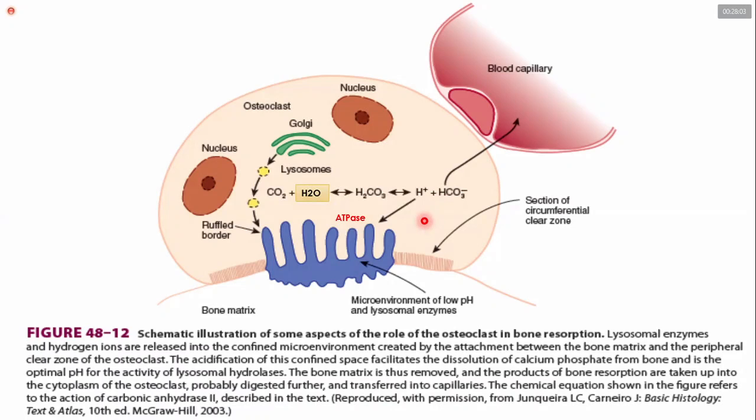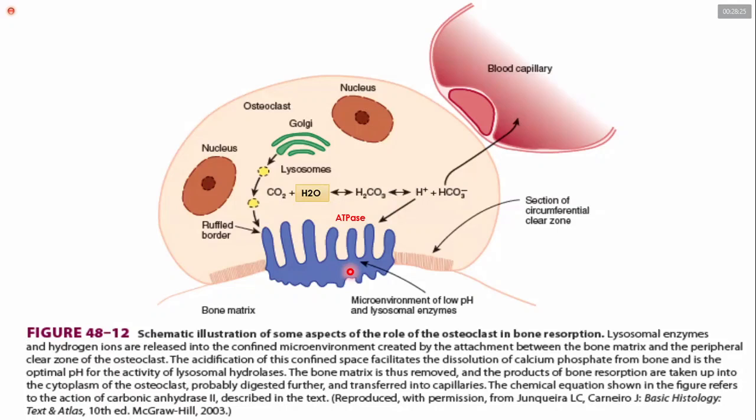Now let's continue with the reaction, the carbonic anhydrase reaction, an enzyme responsible for the formation of carbonic acid from water and carbon dioxide, and it will generate hydrogen ions, and these hydrogen ions will be transported actively to the ruffled border environment.